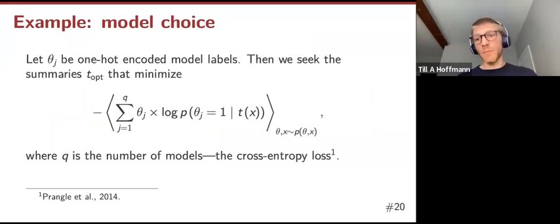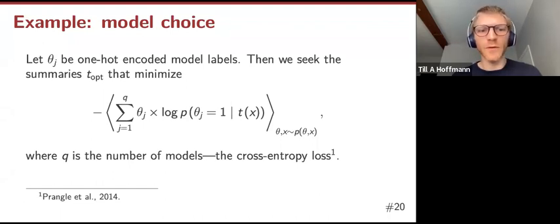So let's think about a small example, model choice. We'll now just use the parameters as model labels that encode which model we should pick. And then we seek the summaries that minimize this negative log probability loss. And the expression here is we have a 0, 1 hot encoded parameter, and then the times the probability that that model is true or predicted to be true.